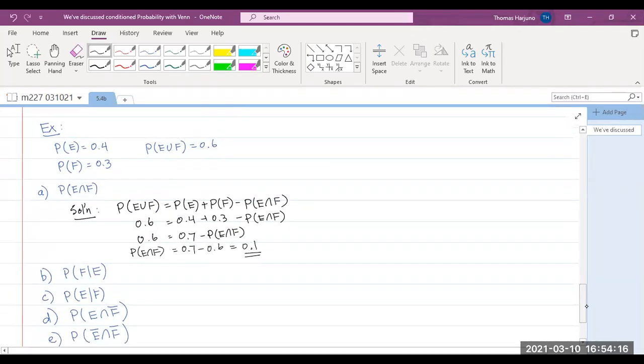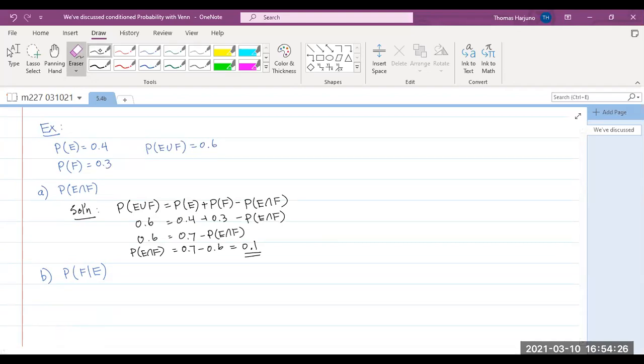Then how about probability of F given E? So knowing that E already happened, what is the probability that F also happened?